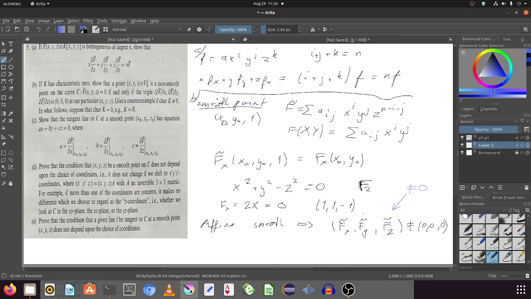So is it possible that these two vanish and this one does not?